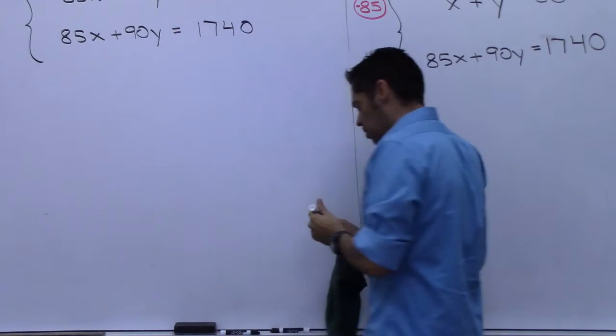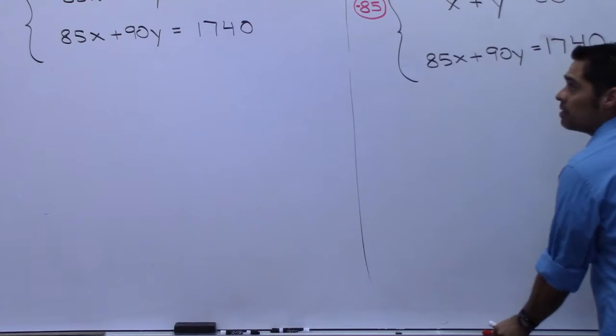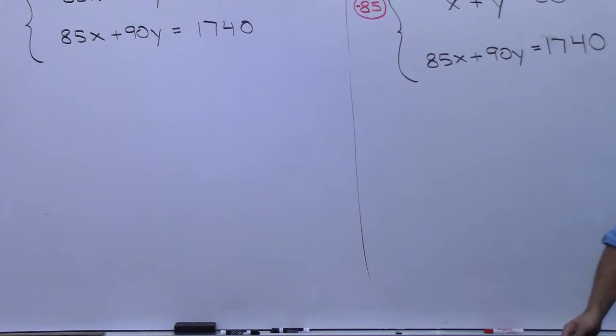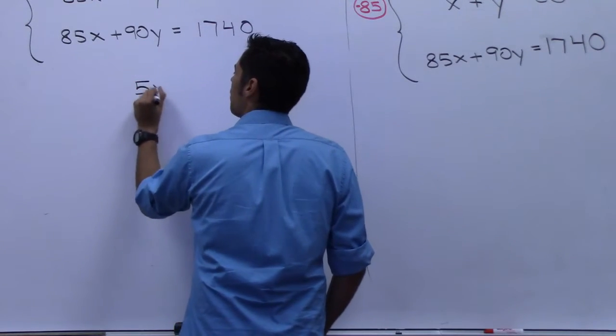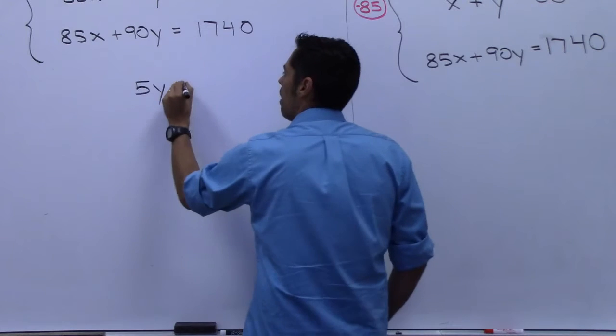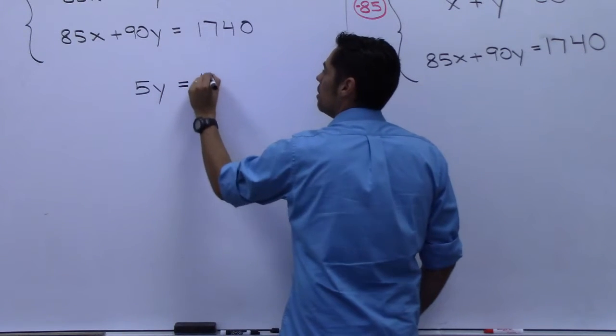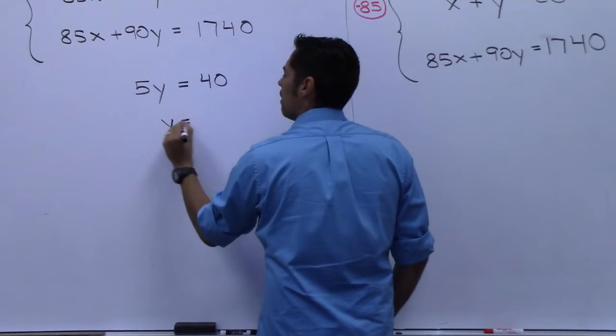Oh wow, I wasn't trying to make this turn out to be a nice answer, but it's actually going to turn out to be nice. 5y equals, adding straight down now, right? 5y equals 40. So y is 8.